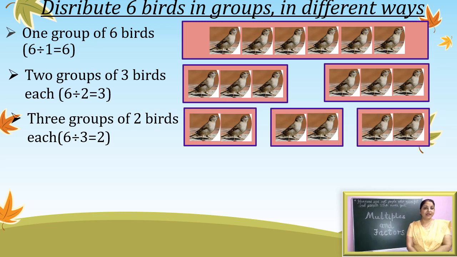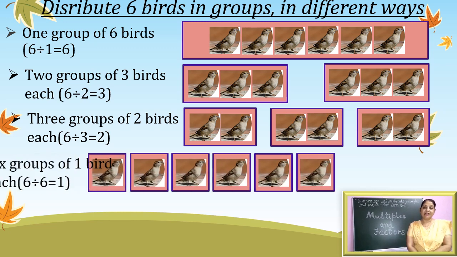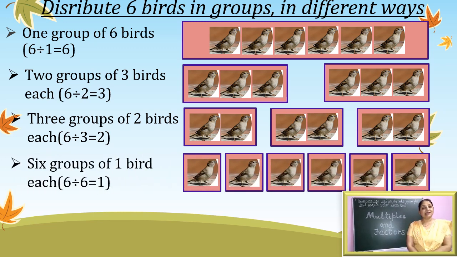And the last way we can distribute these 6 birds is we can make 6 equal groups, and each group will have 1 bird. So we can say 6 divided by 6 is equal to 1.